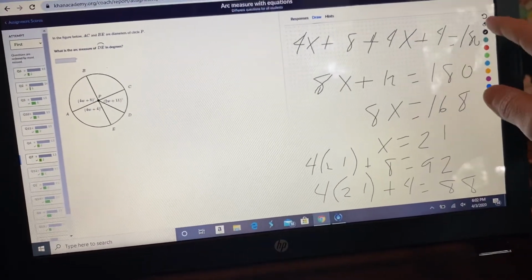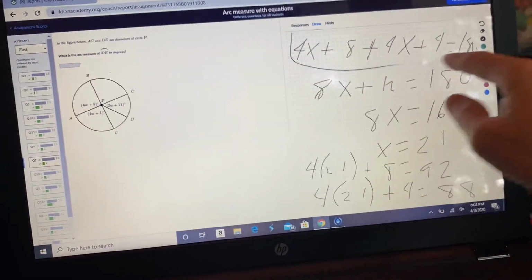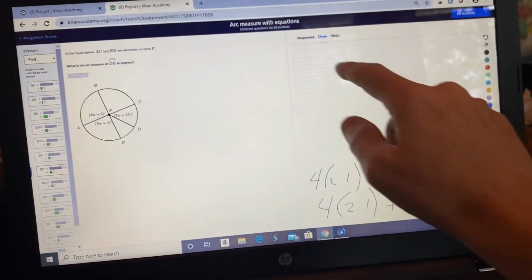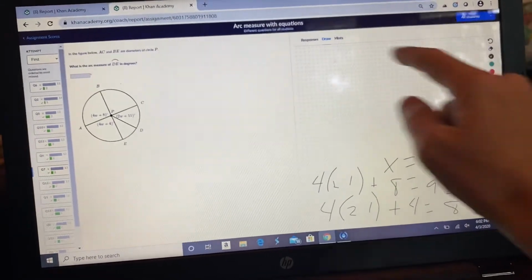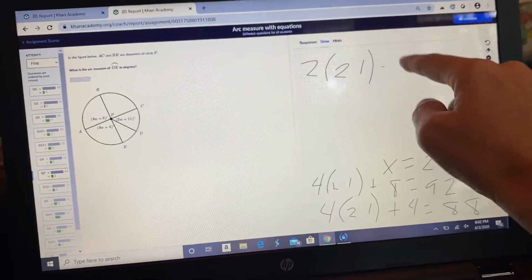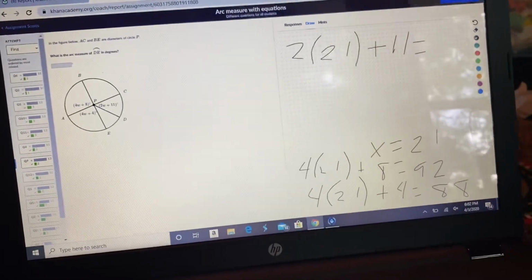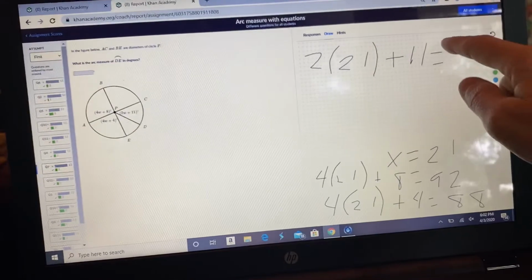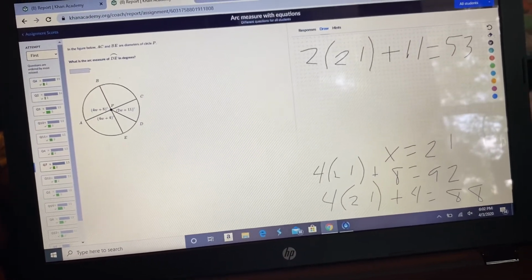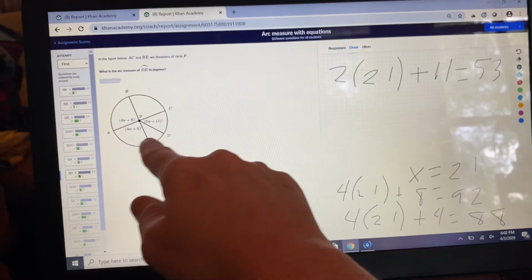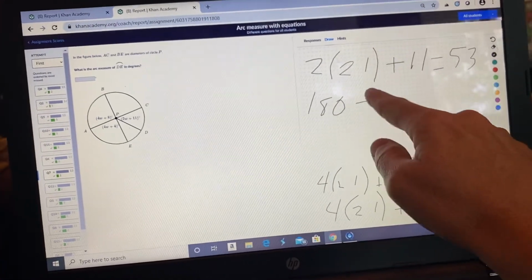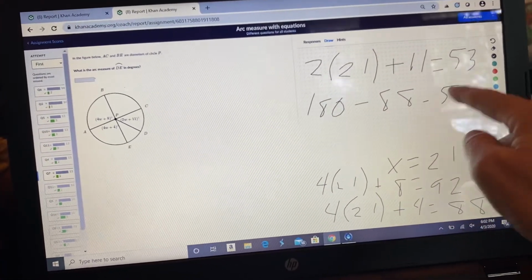Well, if I take 2 times 21 plus 11, that gives me 53, I believe. So what would be left for DE? Well, I've got 180 minus 88 minus 53.